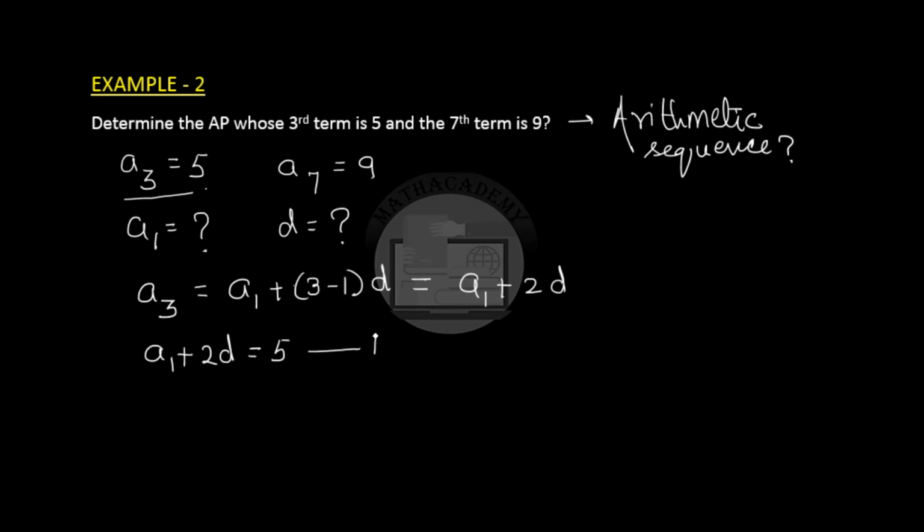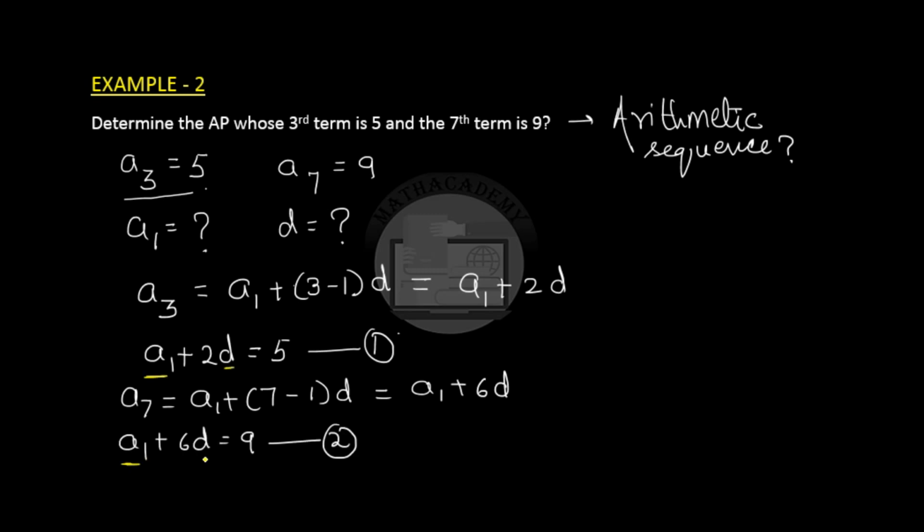Let us mark it as equation 1. a7 is nothing but a1 plus 1 less than 7 times d, which gives you a1 plus 6d. And the seventh term is given as 9. If we have two unknowns, we need two equations to solve them. So let us solve a1 plus 2d is equal to 5 and a1 plus 6d is equal to 9 simultaneously.